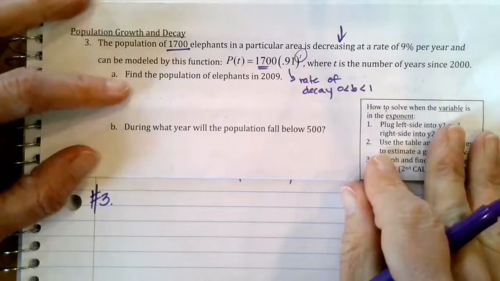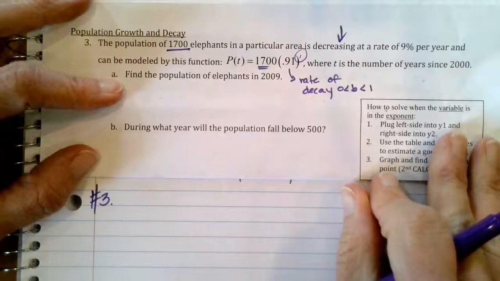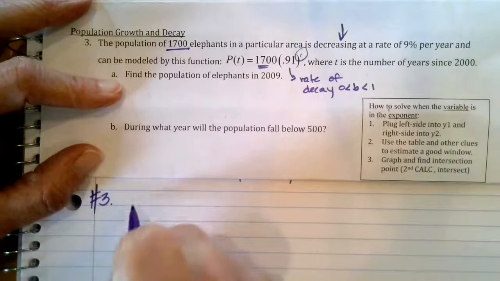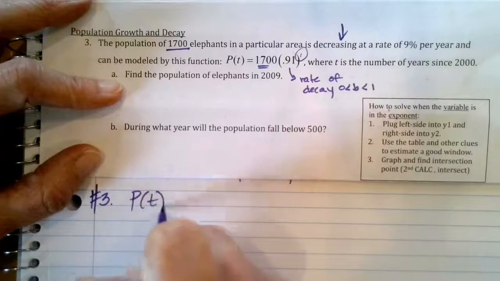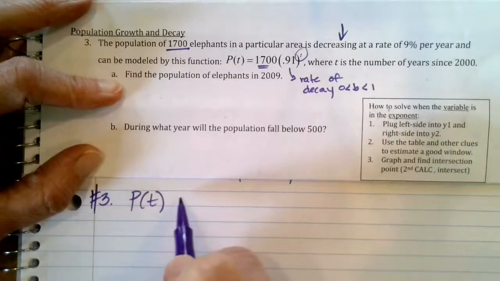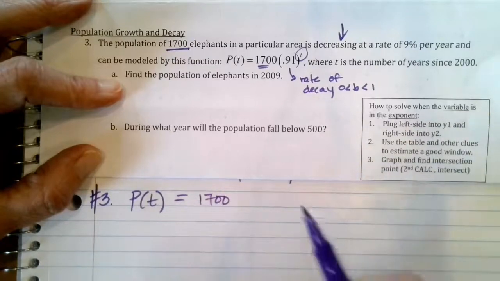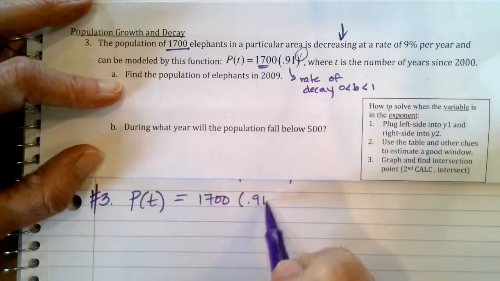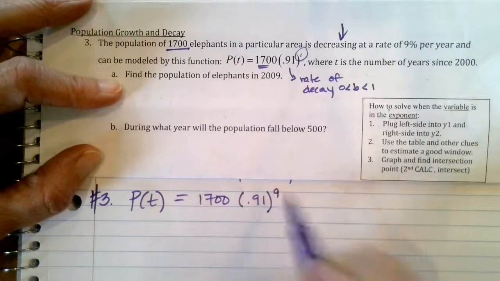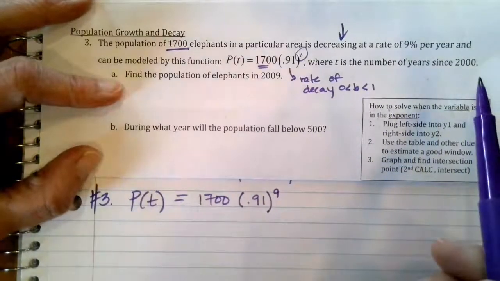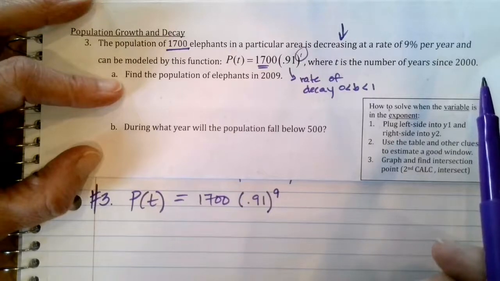So if I want to find the population of the elephants in 2009, I know that my population as a result of that time is going to be equal to this many elephants that I start with, but decreasing by this amount for 9 years, because it's the number of years since 2000.